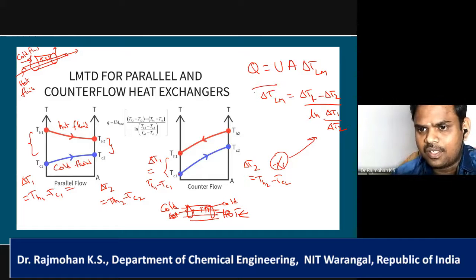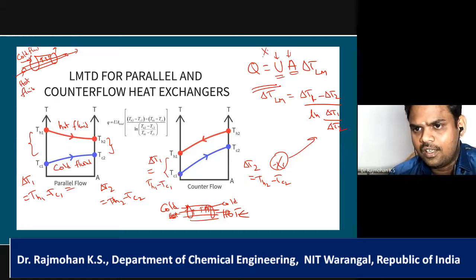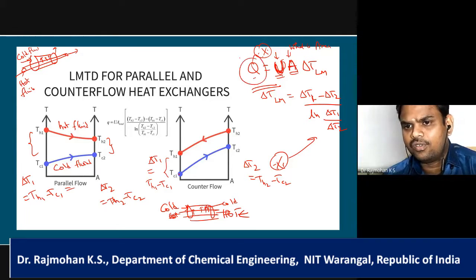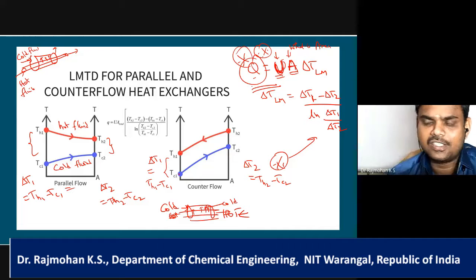Okay, so in this second part, that is heat transfer only, you are asked to find the required area, or the area is given and you find U, like that numericals can be done. So mostly we will be finding the overall heat transfer coefficient when the area is given, or the area when the overall heat transfer coefficient is given, because Q is what we are going to get from our energy balance.